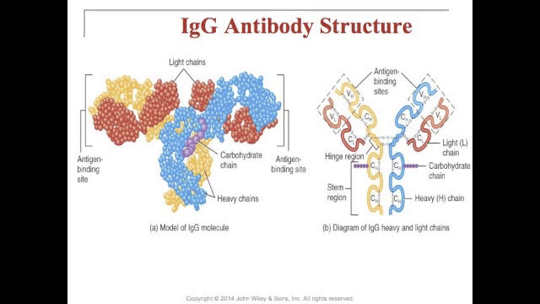This part of the antibody displays considerable flexibility and is called the hinge region. Because the antibody "arms" can move somewhat as the hinge region bends, an antibody can assume either a T shape or a Y shape. Beyond the hinge region, parts of the two heavy chains form the stem region.